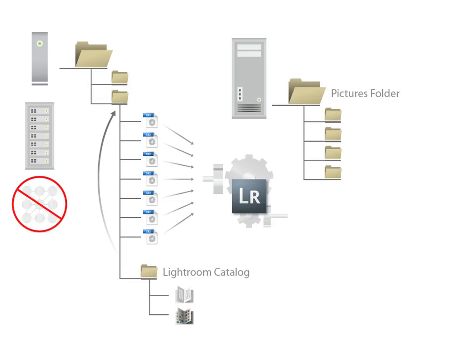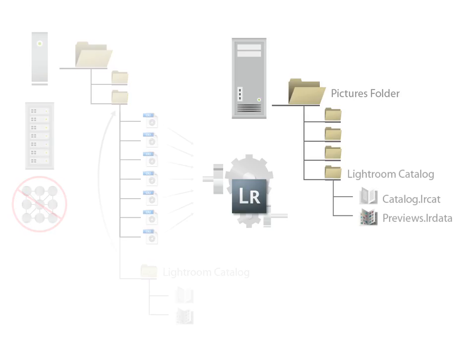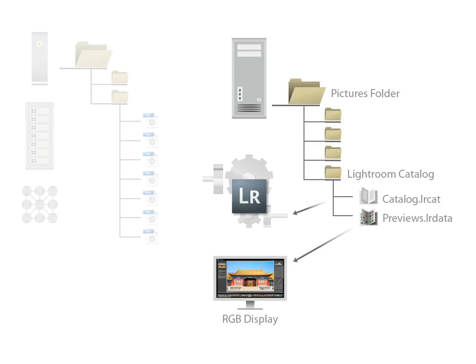The reason I like to put a catalog on the same disk as the source files that I import into it is because then I know those photos will never be offline. Lightroom will always be able to find them. Even if I can't always work this way, the Lightroom catalog is pretty flexible and deals with offline photos pretty well. If your originals are offline for some reason, you can still open up the Lightroom catalog, view your photos, and work with your keywords and sorting and so on.